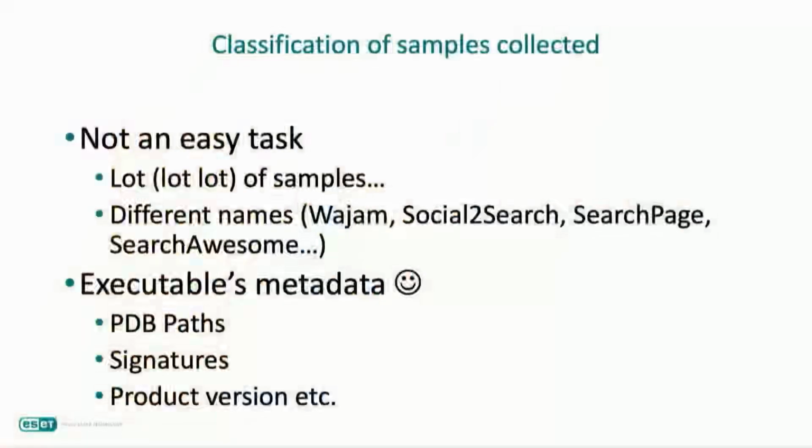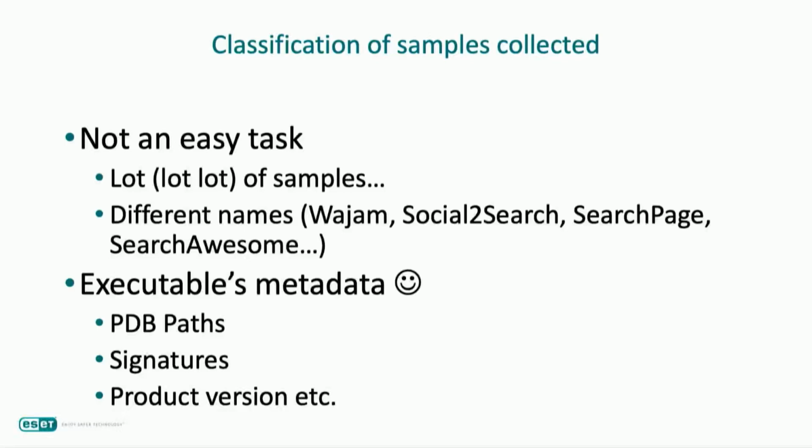We begin with the common observations among the different versions of Wajam we observed and how we classified them. This was not an easy task. We collected an important number of Wajam samples, and the first step was to classify them by versions and features.